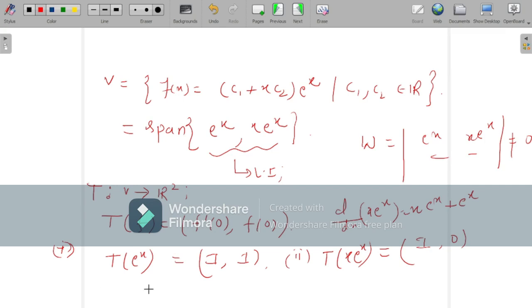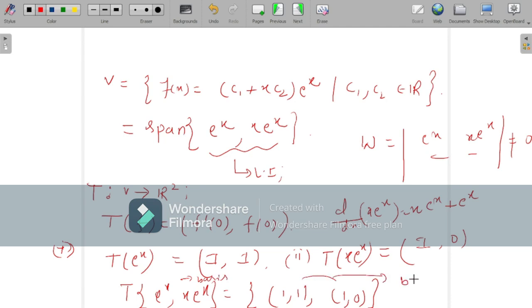So T maps this set as (1, 1), (1, 0). This is a basis for vector space B and this is a basis for vector space R2.